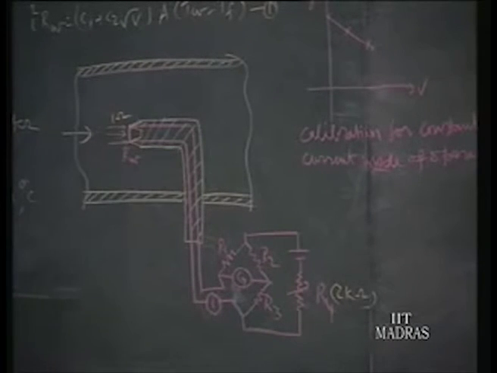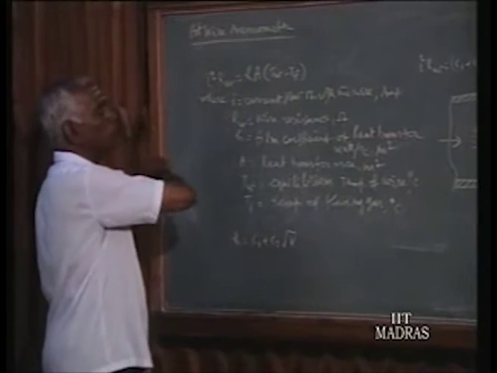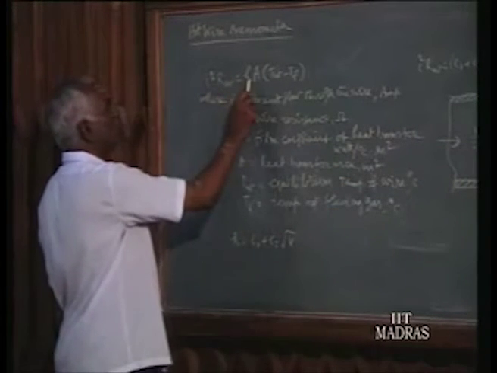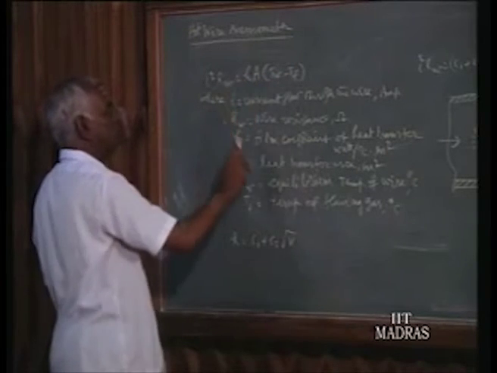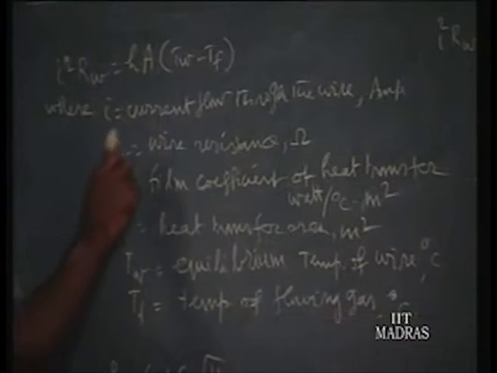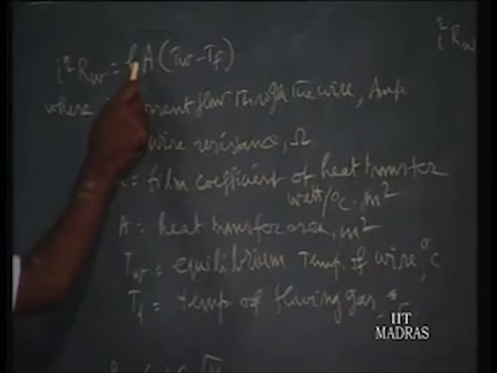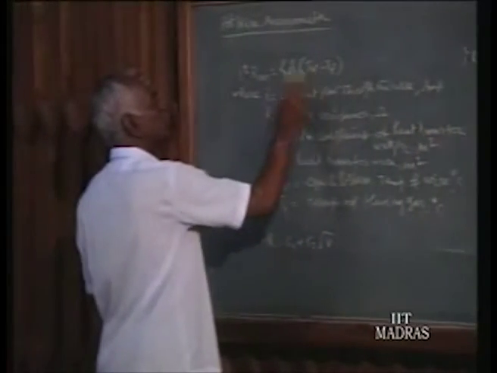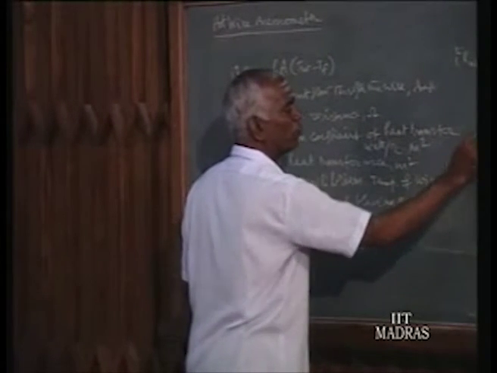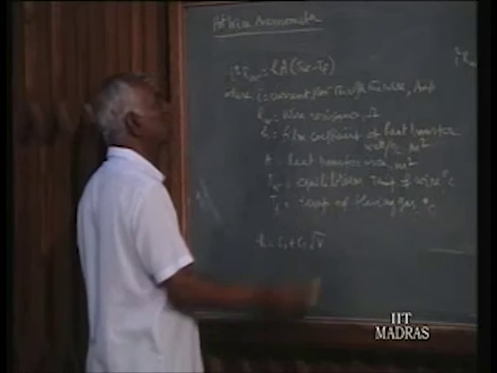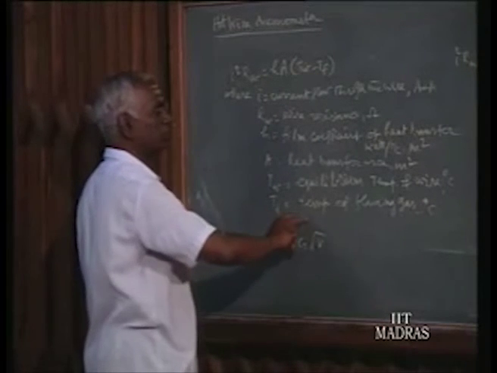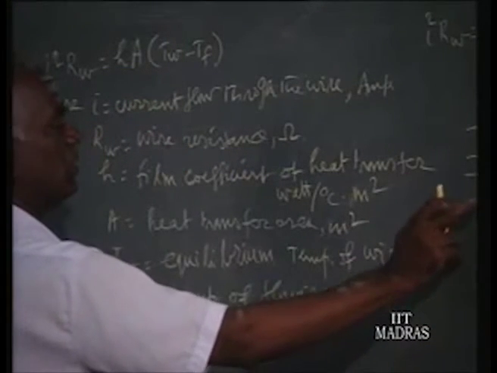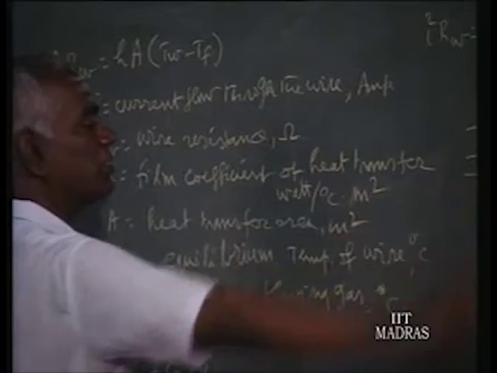What is the governing equation for this heat dissipation? I squared RW equals H into A into (TW minus TF), where I is the current flowing through this exposed wire RW, H is the film coefficient of heat transfer in watt, or joule per second, per degree centigrade per meter square, A is the surface area of the wire, TW is the wire temperature, and TF is the gas flow temperature, because heat flows from higher temperature to lower temperature.